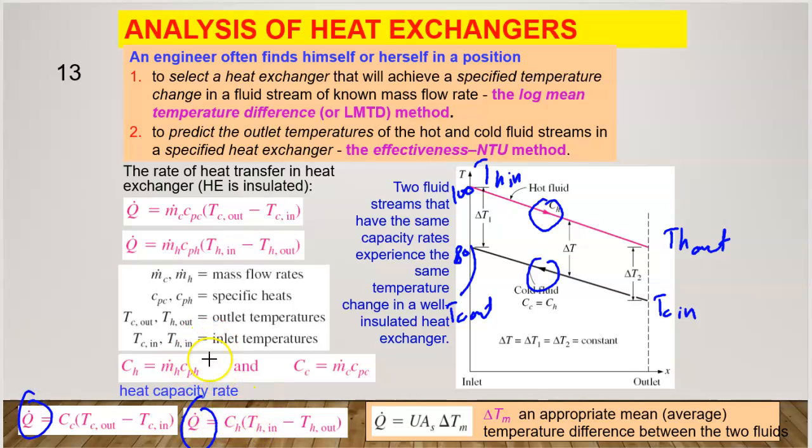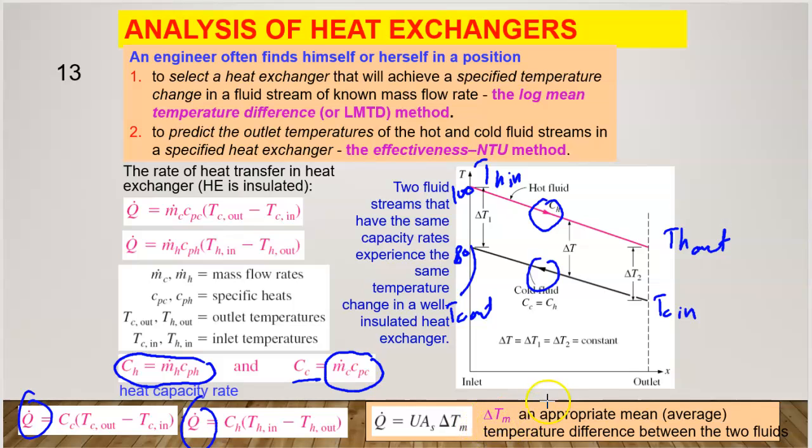So you could use C C, which is the heat capacity rate for cold, calculated using this formula, m dot C times Cp C, or you could calculate C H equal to m dot H times Cp H, and this is Q. To calculate using this one, and this is to calculate the total Q by using the LMTD method, which is U times A S times delta T m.